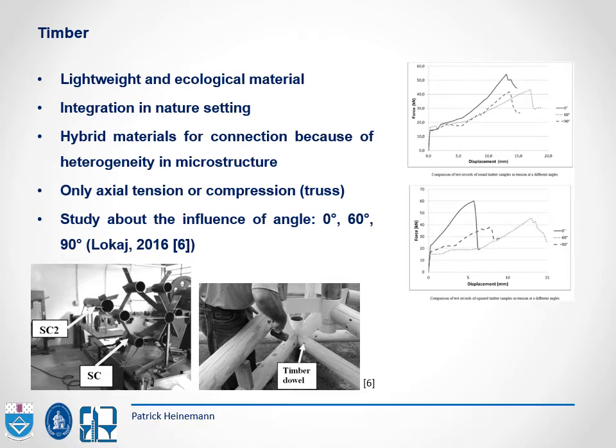There must be some other structures. On the bottom of the page you can see two figures as an example. In this case there are some steel constructions for the joints. So you have to make sure that wood members are only in axial tension or compression.